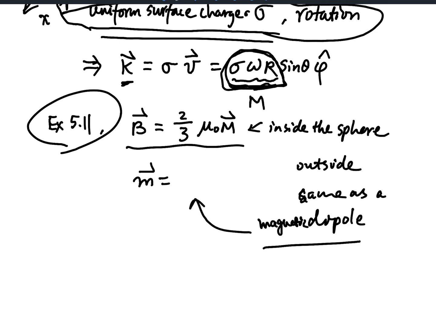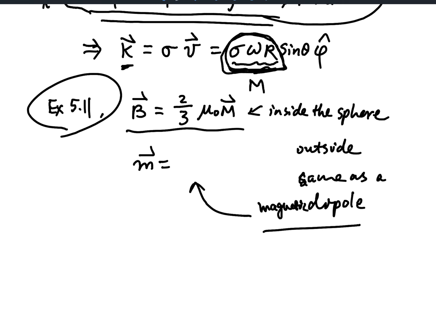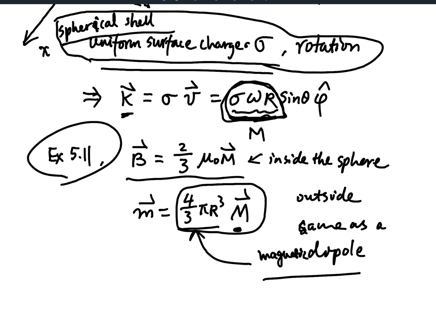That magnetic dipole is calculated as the volume of this sphere times the magnetization per unit volume. In other words, this indicates the overall magnetization of this sphere.